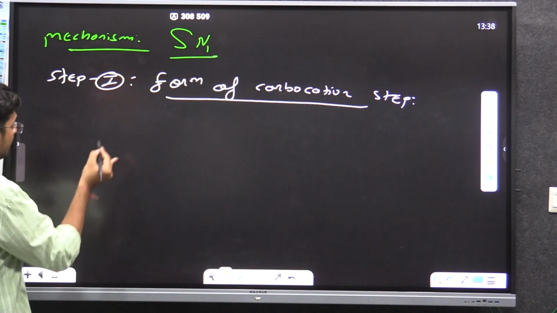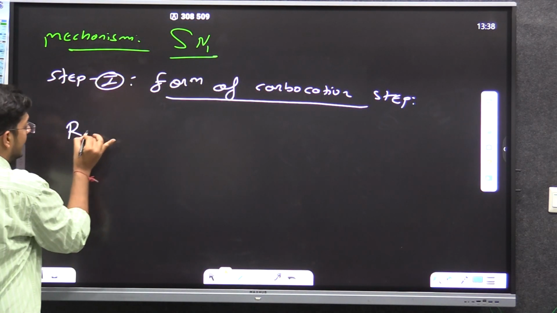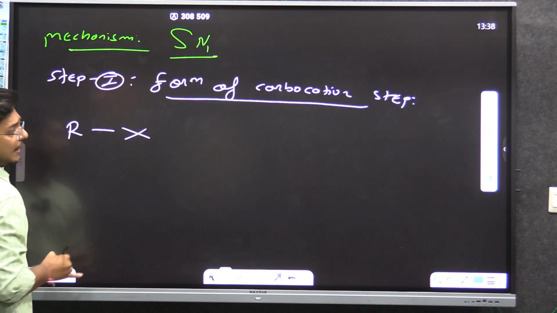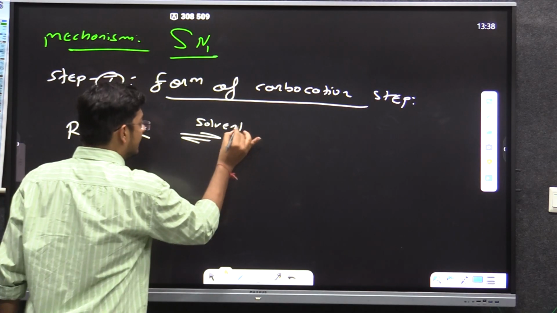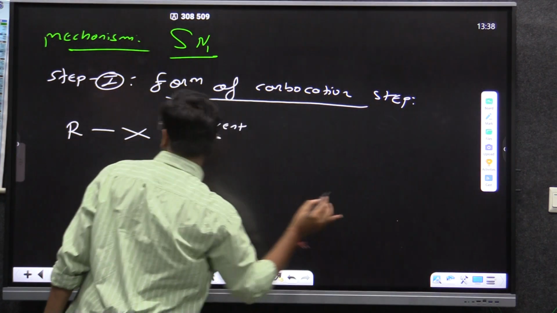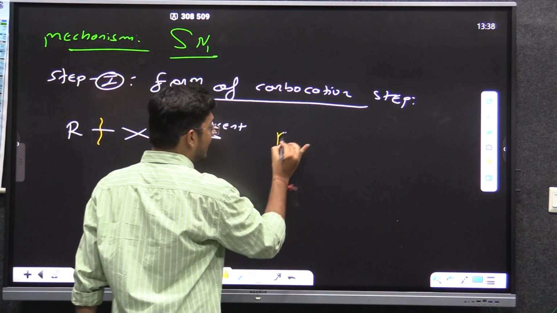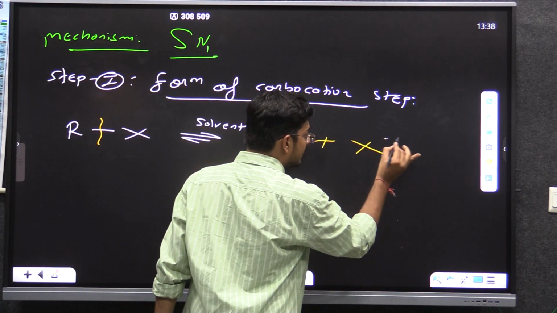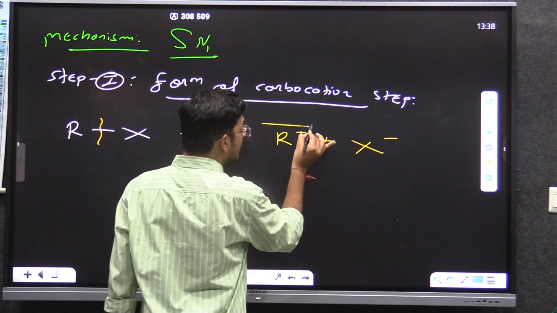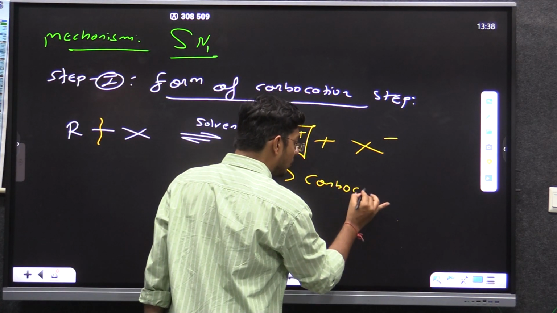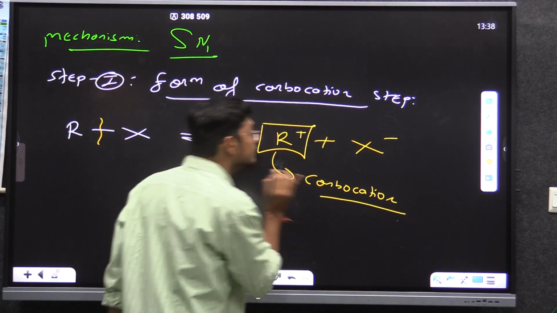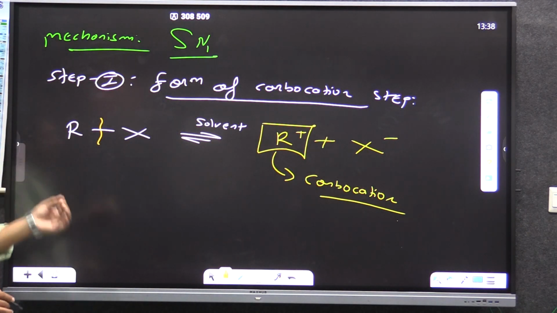Formation of carbocation means, let's suppose we have the alkyl halide in the presence of solvent. This alkyl halide will break in the form of R plus and X minus, and this R plus is the carbocation. This is the first step.